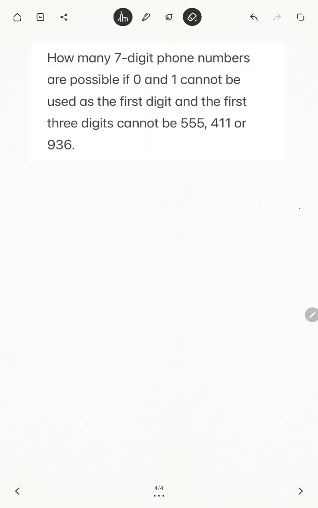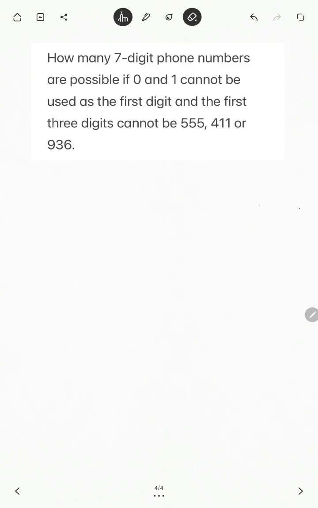Now see, this is a very good question. We have to prepare a 7-digit phone number. How many are possible if 0 and 1 cannot be used as the first digit and the first 3 digits cannot be 555, 411 or 936?